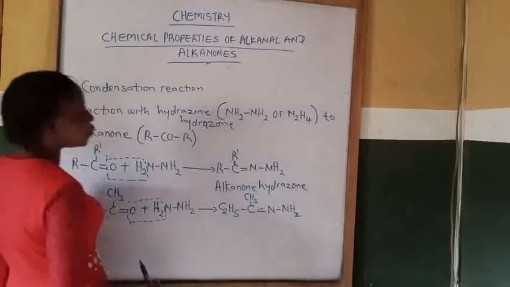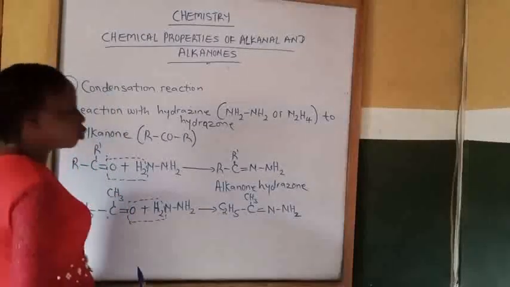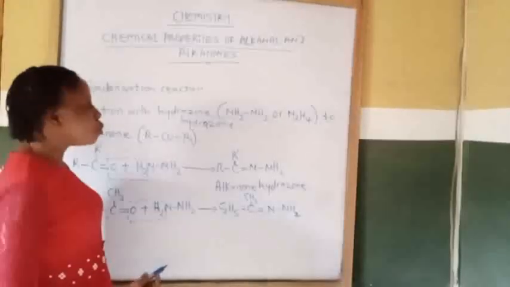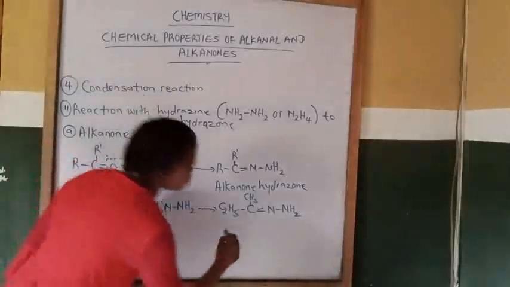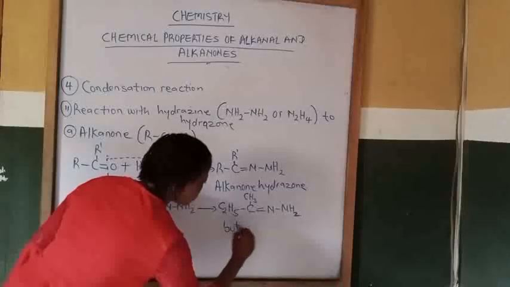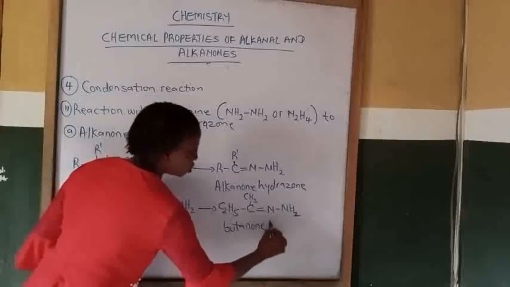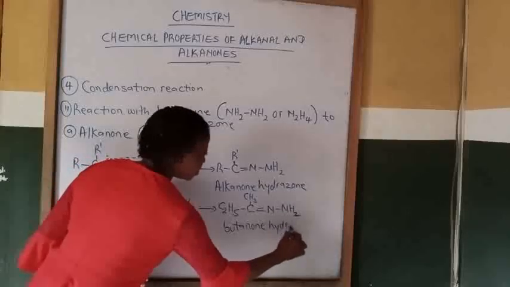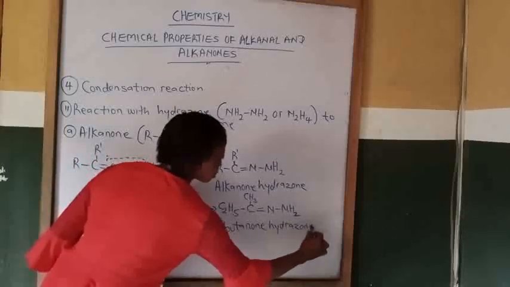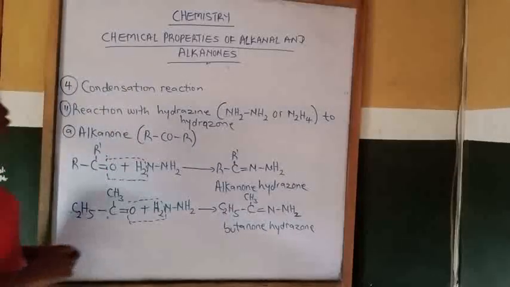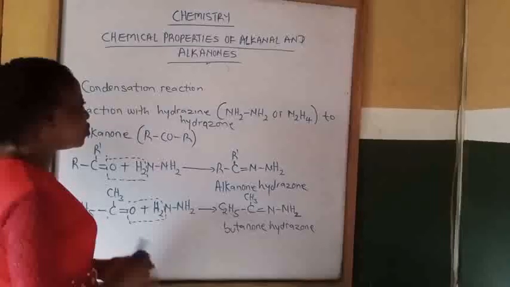So it will be the fourth member of alkanone, which is called butanone. So we call it butanone hydrazone. That is the name of the product formed.